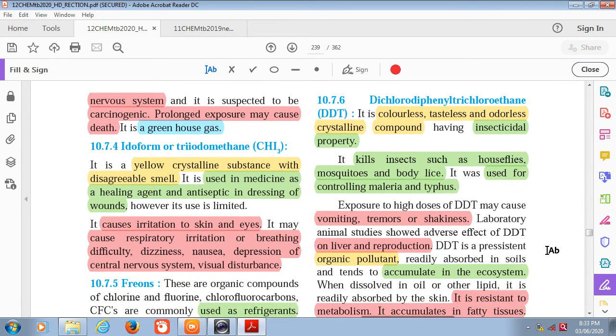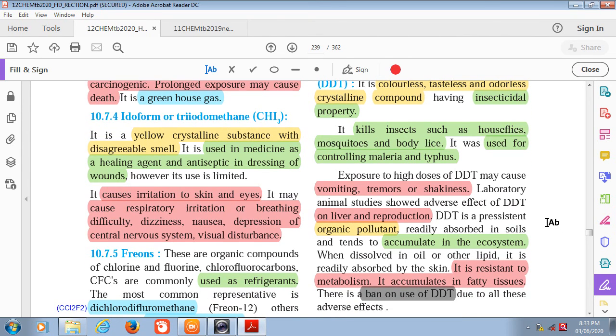Then what is the side effect? When exposed to high doses, there may be vomiting, tremors, shakiness. Laboratory animal studies show that there may be adverse effects on the liver and reproductive system. It is a persistent organic pollutant, so it readily absorbs in soil and tends to accumulate in the ecosystem.